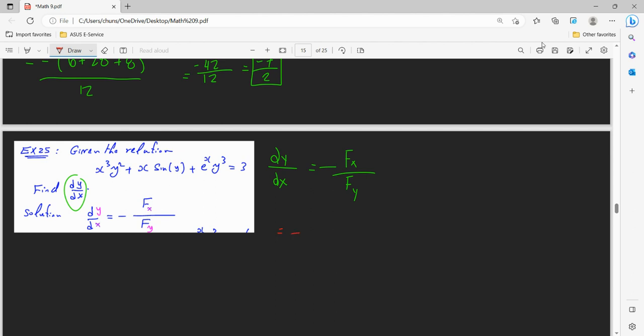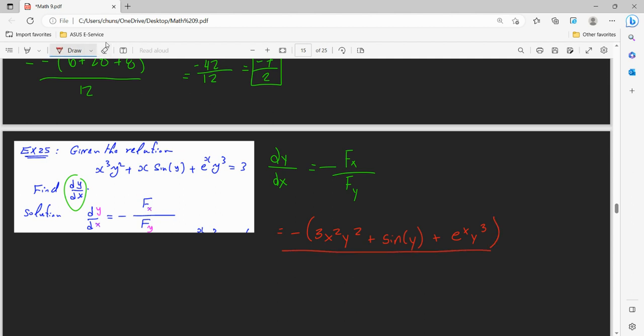So when we do this, this is equal to negative. We start with our partial derivative x. This is 3x squared y squared, plus sine y plus e to the x y cubed. Oh, and we want this equal to 0, so if we just move that 3 to the other side, it doesn't matter because it's just going to be 0 anyways.